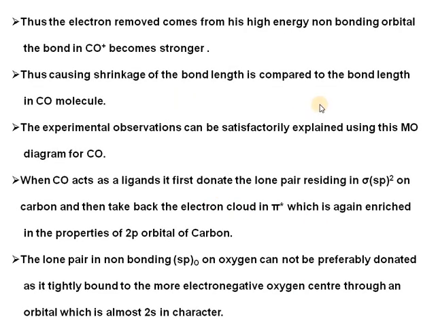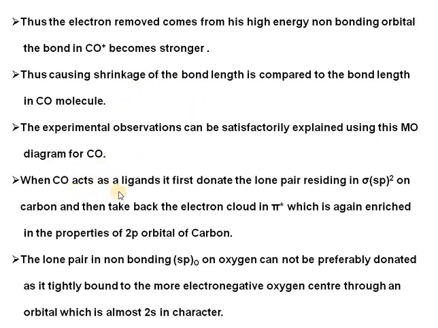And hence, as the electrons are removed from these high energy non-bonding orbitals, the bond in CO plus ion becomes much stronger. This causes shrinkage of the bond length compared to the bond length in the carbon monoxide molecule. This experimental observation we can satisfactorily explain by these molecular orbital diagrams.